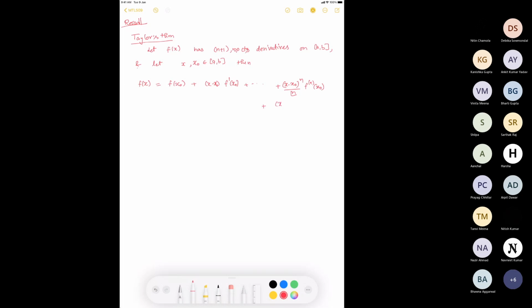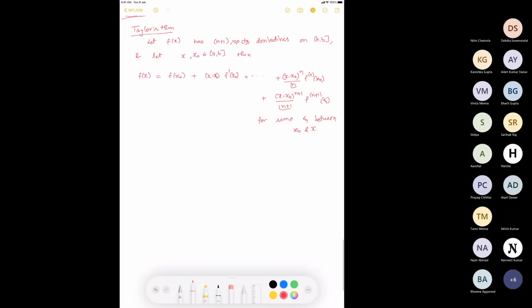And the last term, which we call the remainder term or the error term, is going to be the (n plus 1)th derivative of f evaluated at some xi, where this xi lies between x naught and x, right?